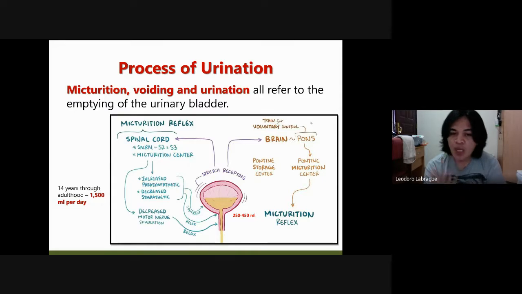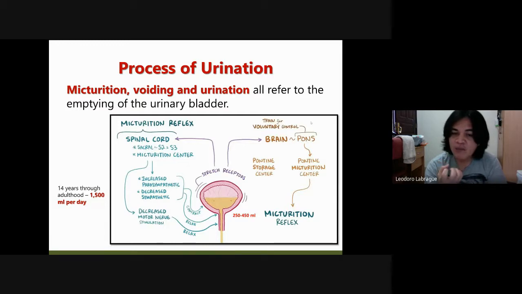So what will happen to the bladder now, to the urinary system? Once the parasympathetic and sympathetic nervous systems are activated, the bladder will contract because of the parasympathetic activity.